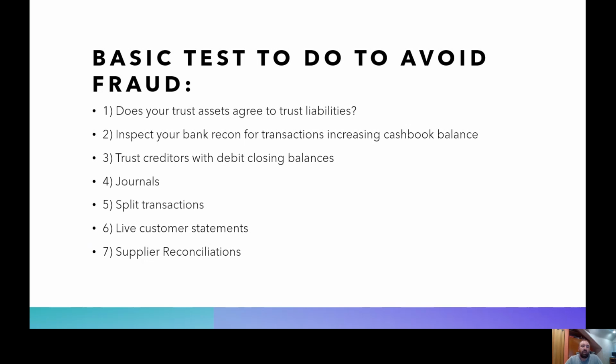And then number 7 is supplier reconciliations. This is also an area where there's a lot of fraud. So what the guys will do is they'll specifically load a recipient on your bank, and you'll pay that recipient a number of times.